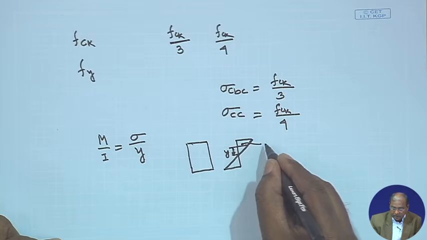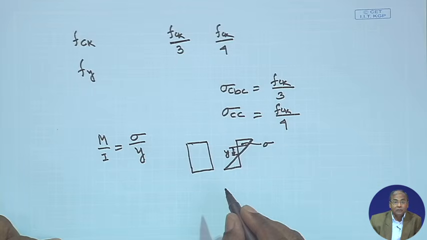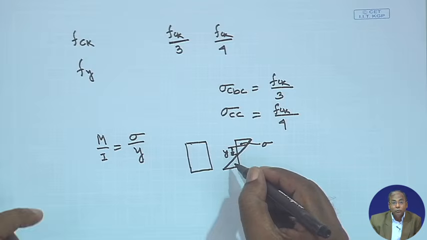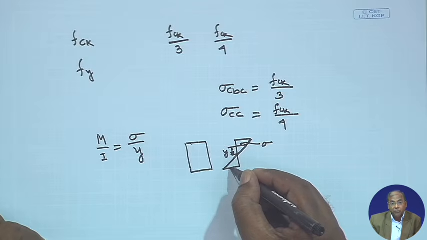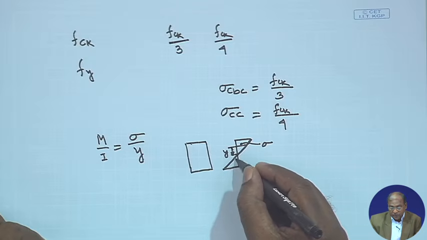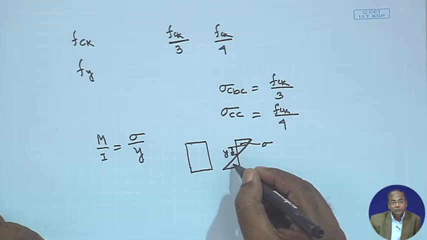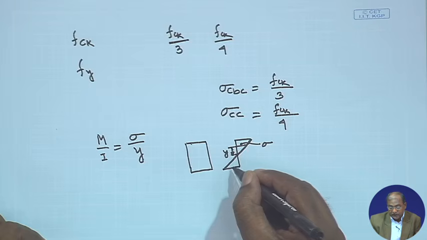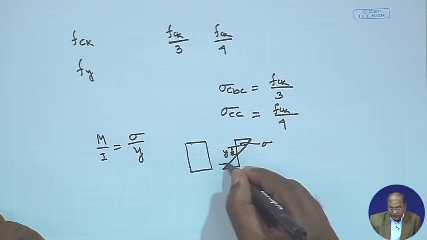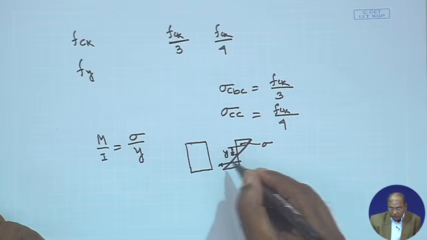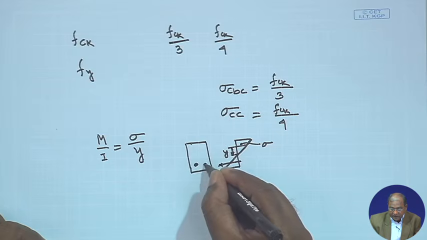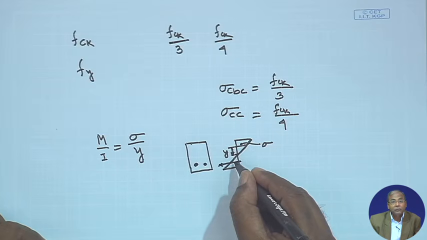For wood and steel we consider the bottom part also, but here we assume this portion will be very less, so we are ignoring it, and only at the point where the steel is available, that only we are taking.